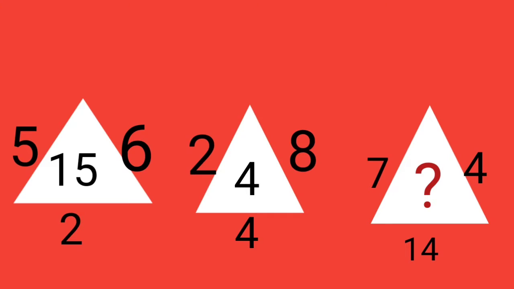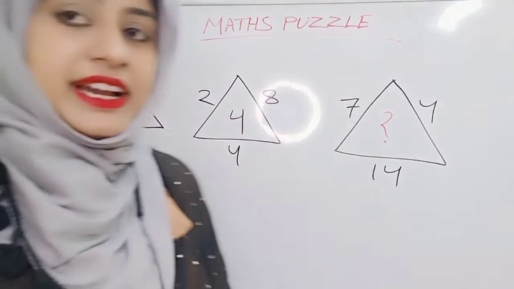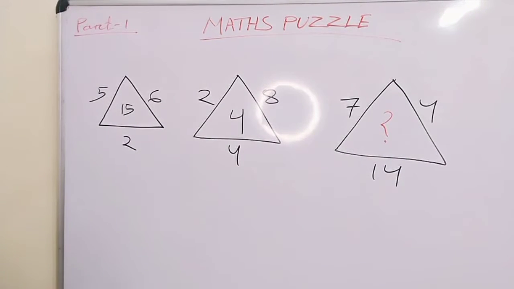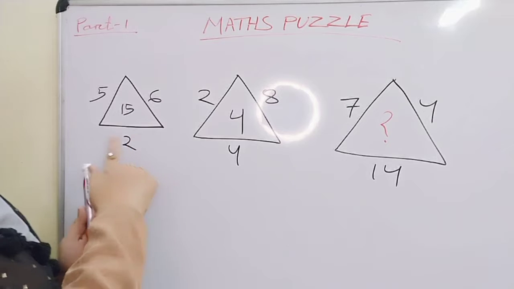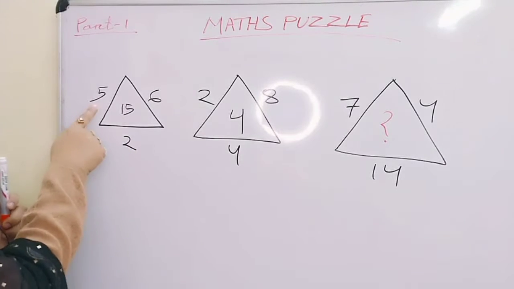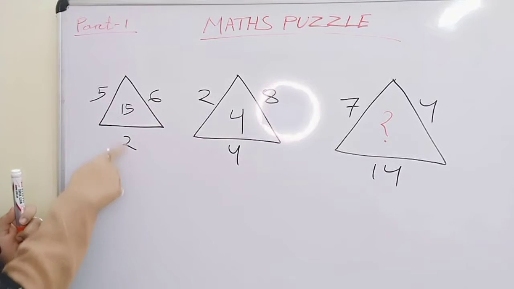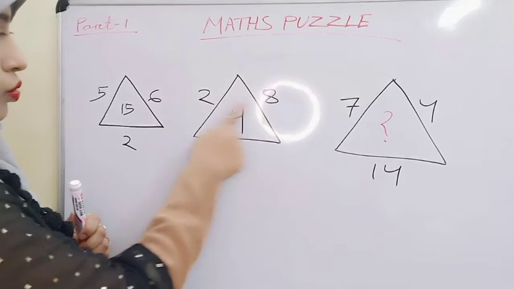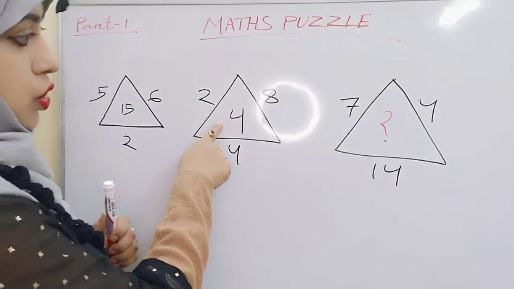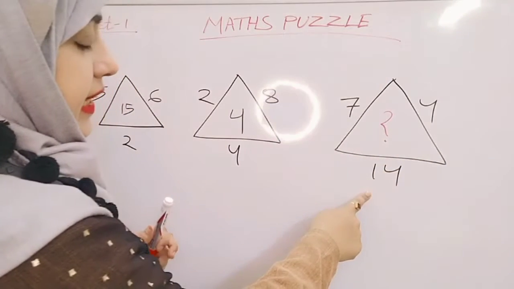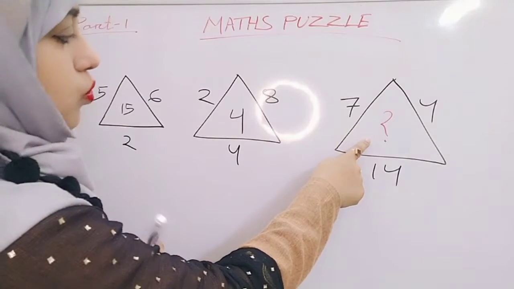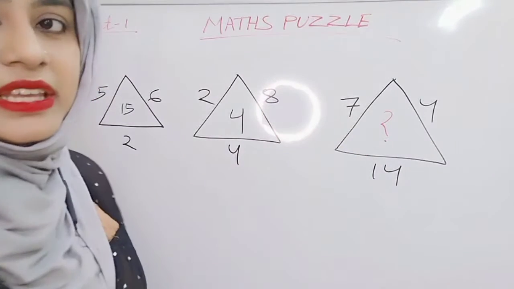Okay guys, let's solve another puzzle. So you can see here are three triangles, and here 5, 6, 2, 3, 2, 8, 4, 4, 7, 4, 14 and blank. So what number comes here?